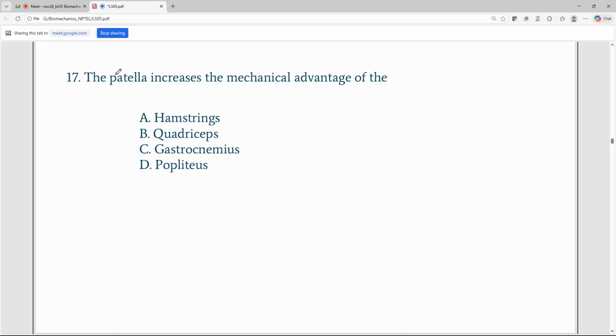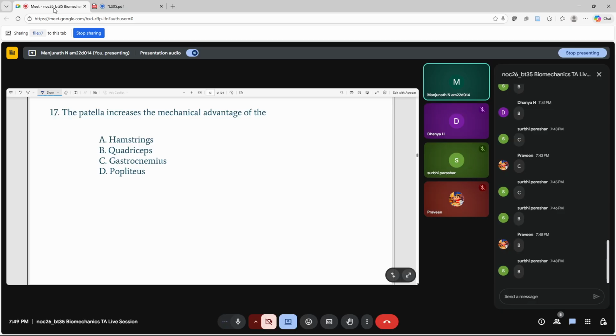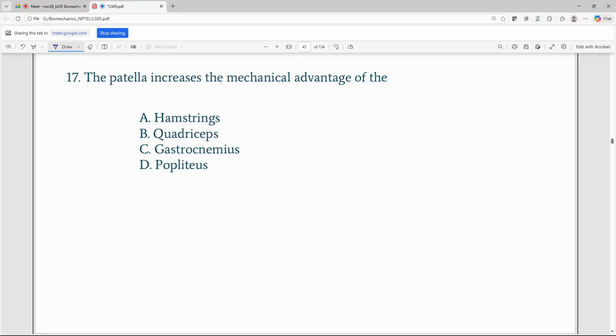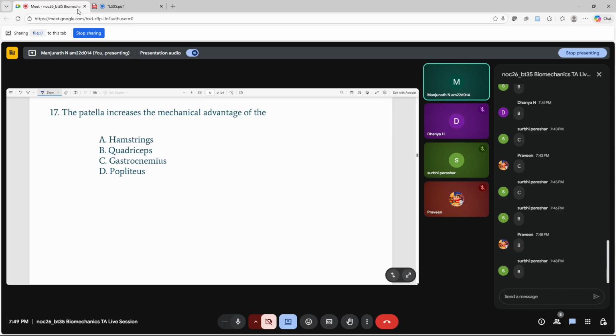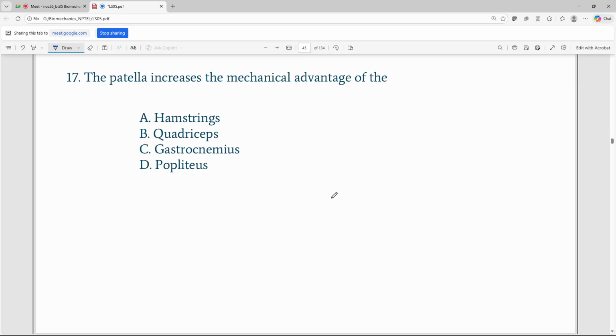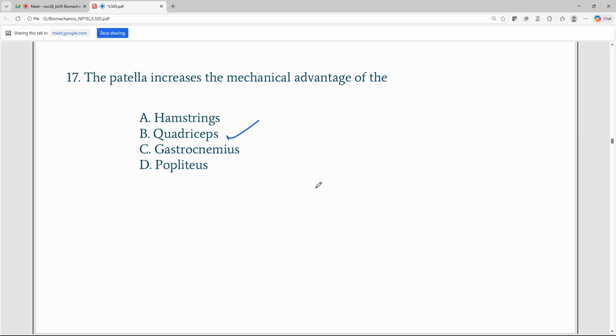That is what is known as patella. Yes, the correct answer is option B, that is quadriceps.